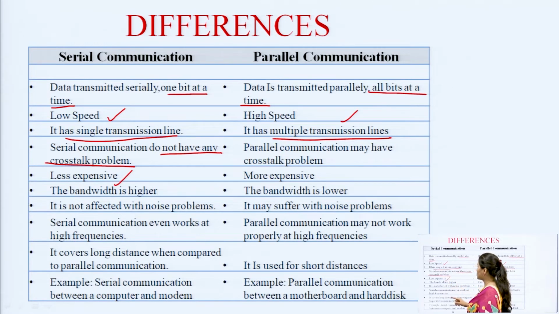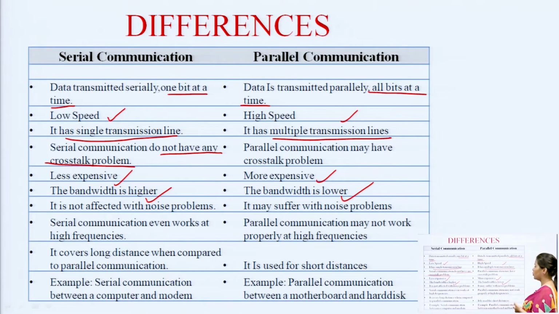Serial communication is less expensive and parallel is more expensive. Why? Because more wires are required in parallel communication, so the hardware will increase and add to the cost. Here the bandwidth is higher, here the bandwidth is lower. Next, serial is not affected by noise problems, while parallel may suffer from noise problems as we have already discussed.